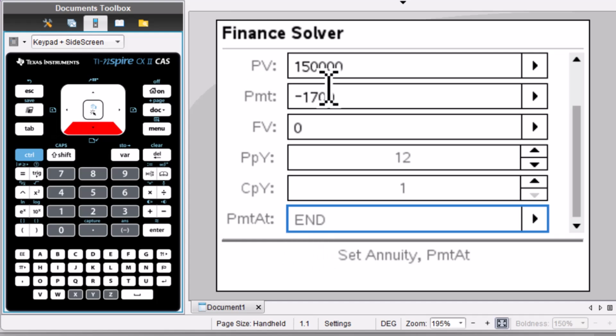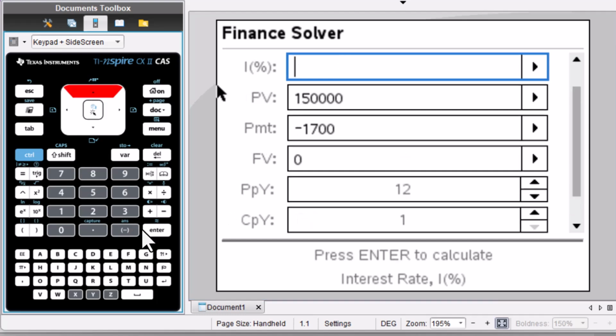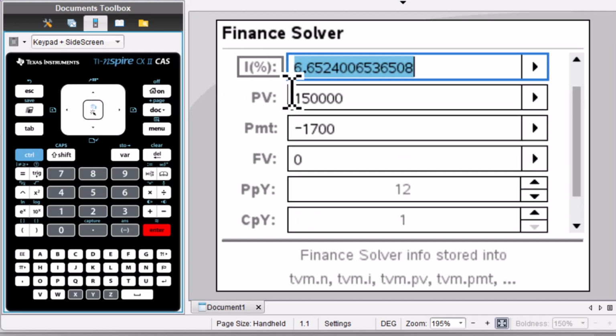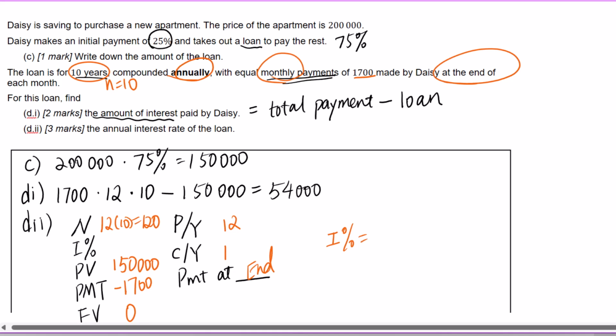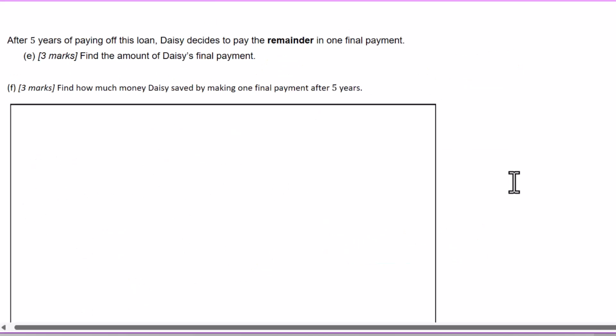Move the cursor to PV, then go up. Enter. Answer is 6.65 as a 3 significant figure. So I% equals 6.65240%.